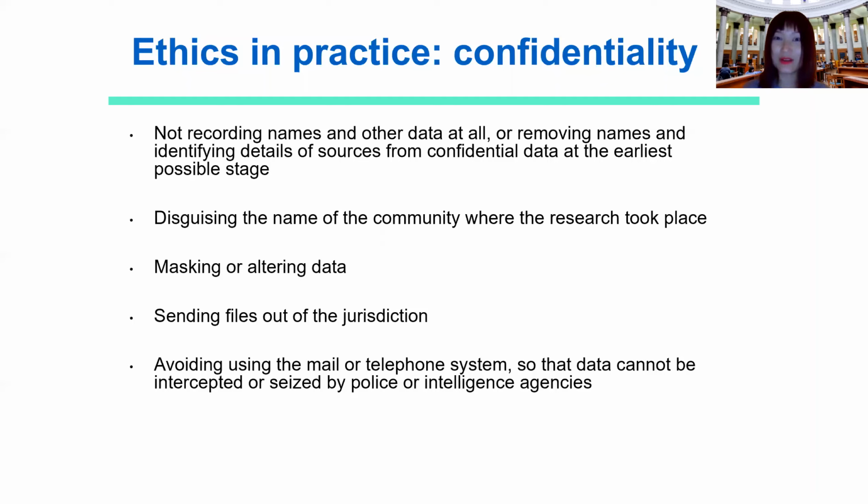For example, if you want to study this university, instead of putting the name of the university, if you do not have the permission, one way is to say this research is conducted in a Russell Group university, or you could say this research is conducted in a university in North England.